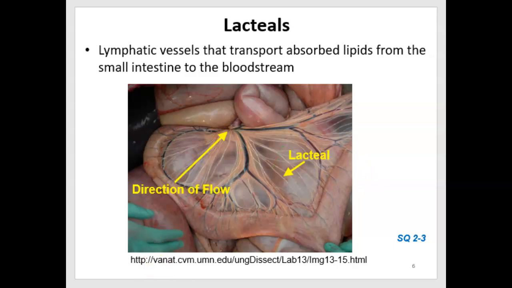So I have an arrow here that shows you that lymphatic fluid is collected here from the region of the small intestine and will go in just one direction where many vessels will merge together. Eventually, all the lymph from these lacteals will merge into a lymphatic vessel that connects to the circulatory system.